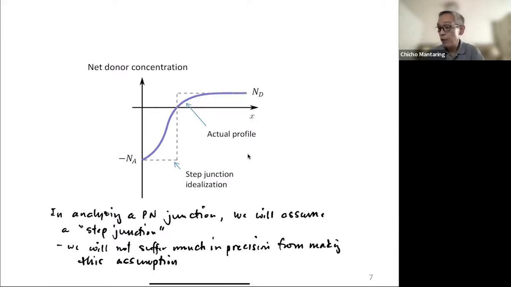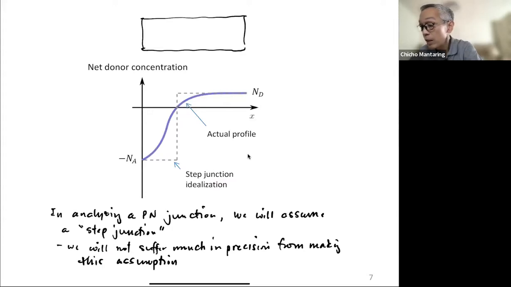Okay. So at the end of the day, what do we have? We have this. Where the left side we can consider to be a p-type with acceptor concentration NA. Sorry, dapat tapat tong dalawang to.